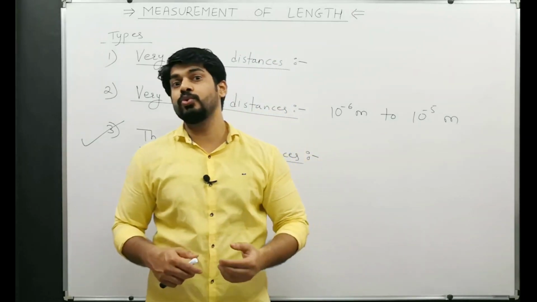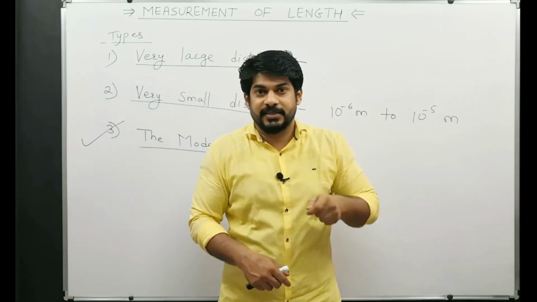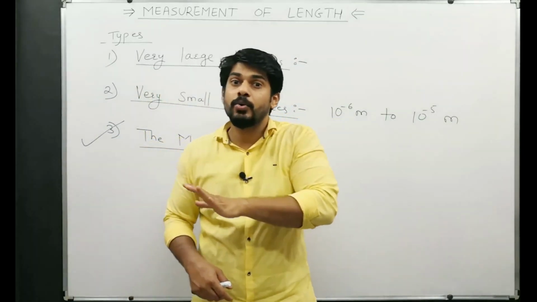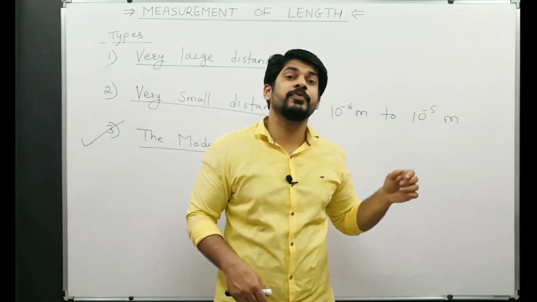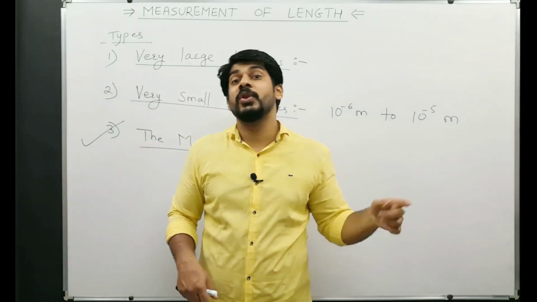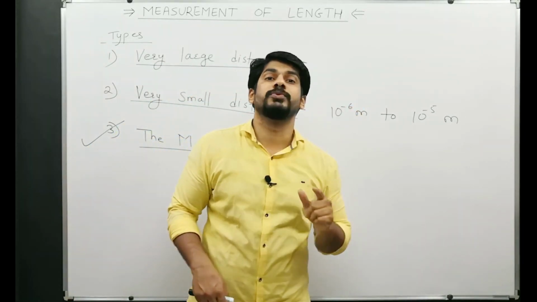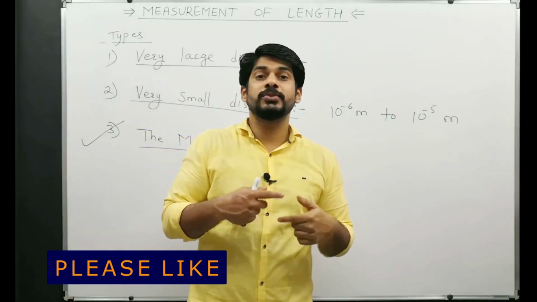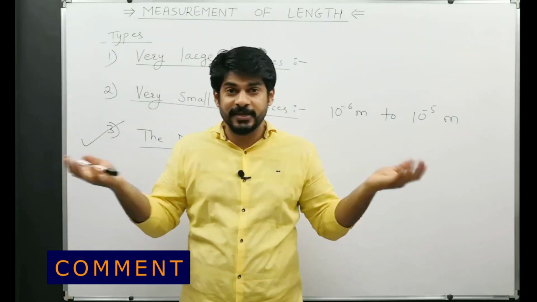But when you go to even smaller sizes like the size of a virus, the size of a blood cell, the size of any other cell, now there comes a problem. These instruments are not capable of measuring that size. For such purposes we require what we call microscopes. Powerful microscopes are what we need here to observe such blood cells, other kinds of cells or some viruses.